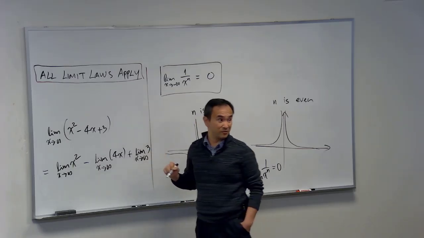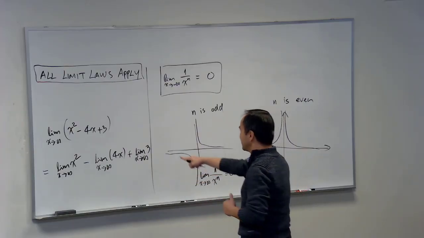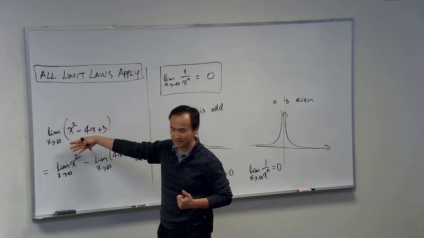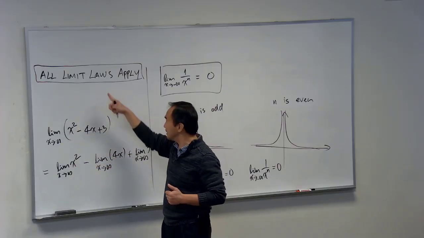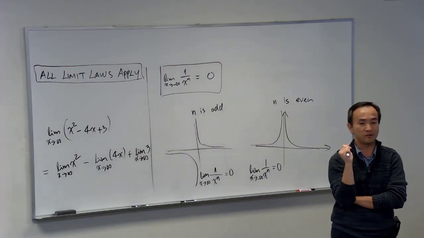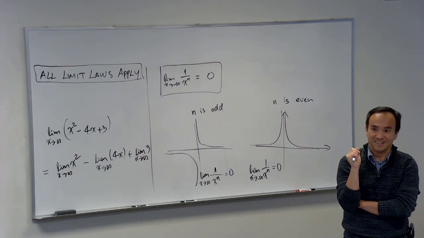So all the limit laws still apply. But for a function like this, we already had a quick tool to give the answer, so we don't need the limit laws. The limit laws will still be useful in other functions, when we step outside of the polynomials that we've learned. See what I mean?